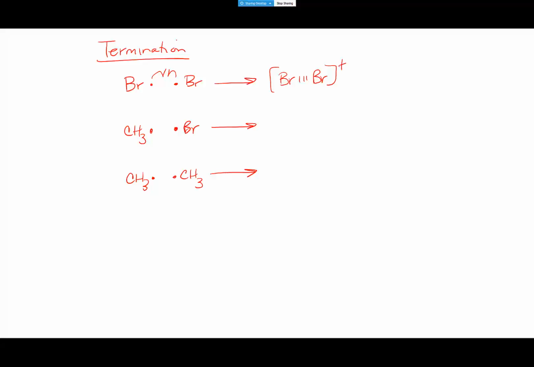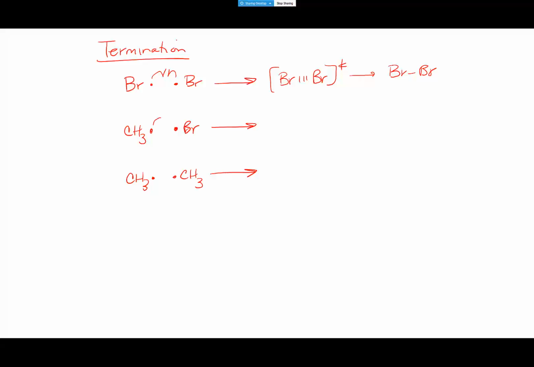It's going to look surprisingly like the one I just wrote before, because transition states don't tell you whether you're making or breaking bonds. They just say there's a partial bond. And then we'd end up reforming bromine. So if 2 bromine radicals come close together, they can come together to make bromine.